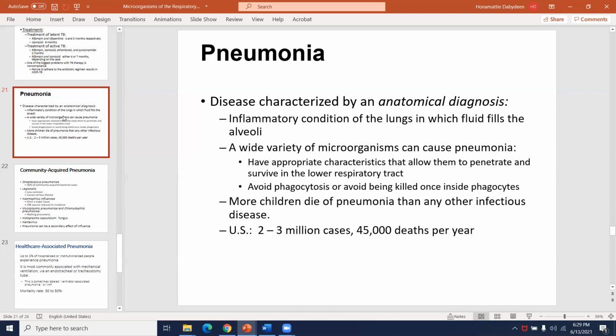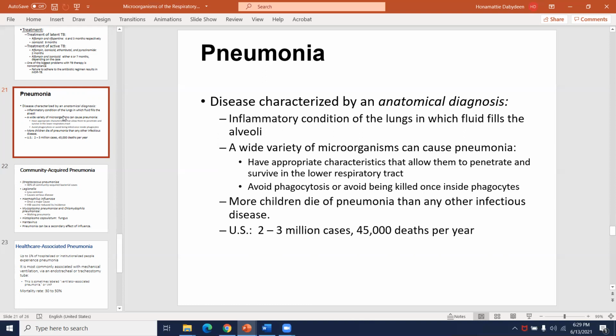It's a very general name, and it could be caused by so many different organisms. So it's not a particular disease, but an anatomical diagnosis, where we're going to have all the symptoms we talked about earlier: the coughing and the sneezing and the difficulty breathing and the wheezing and chest pain and the fever and whatnot. All those will still be the general symptoms of pneumonia.